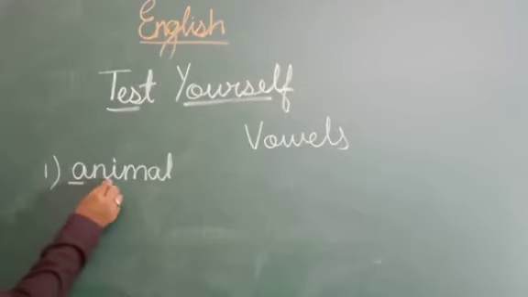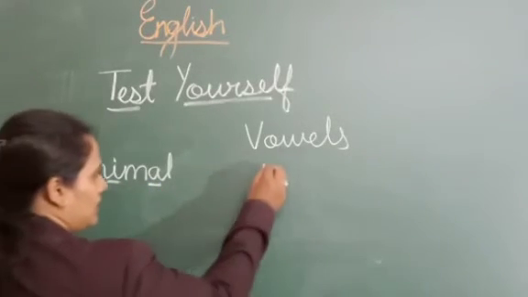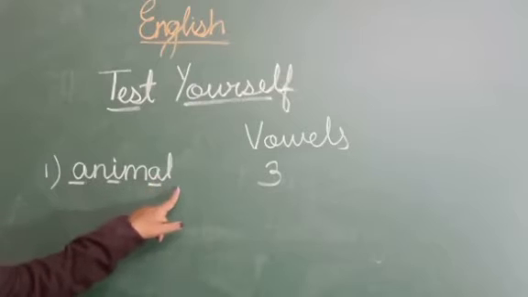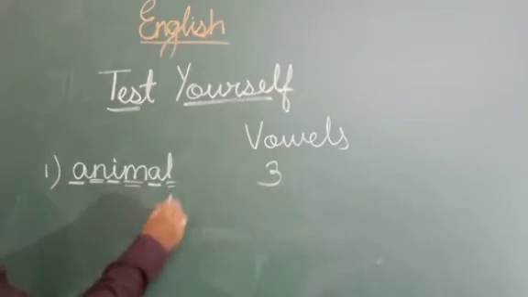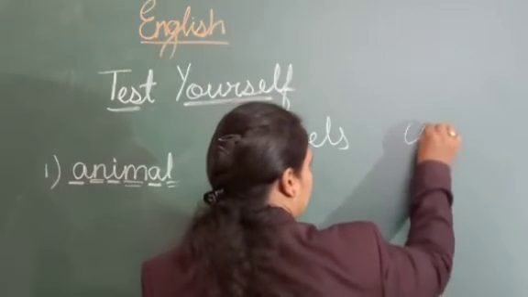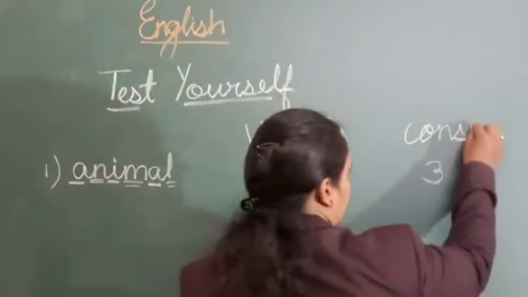Vowels are A, I and A. How many vowels are there? 3. Now consonants. How many consonants are there? 1, 2, 3. Remaining, how many are there? 1, 2 and 3. So in the consonants column again you have to write 3.